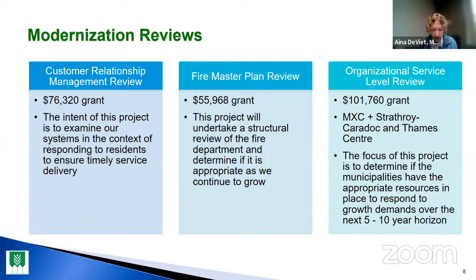So the first item I want to highlight is the customer relationship management review. There's just over $76,000 in that grant, and the intent of that project is to look at processes and systems to make sure that both the timely response and a timely delivery of service is possible to residents.